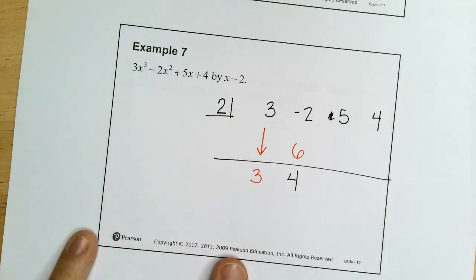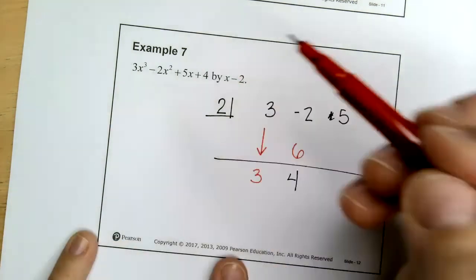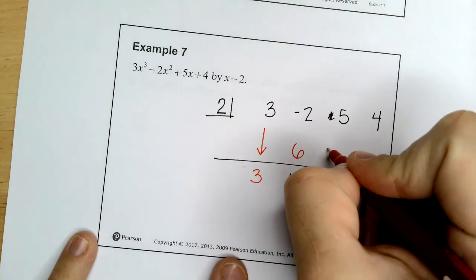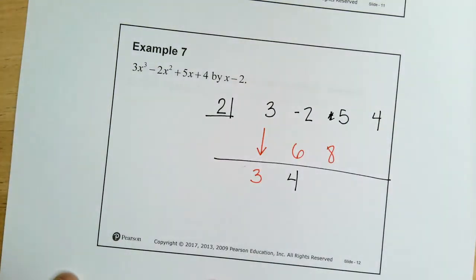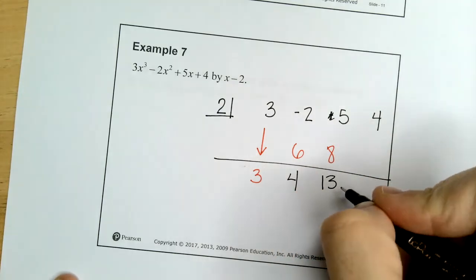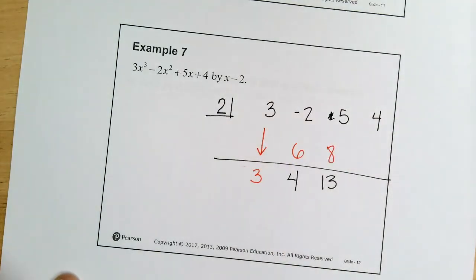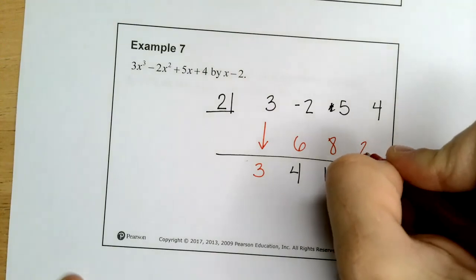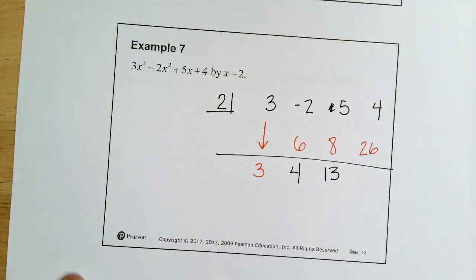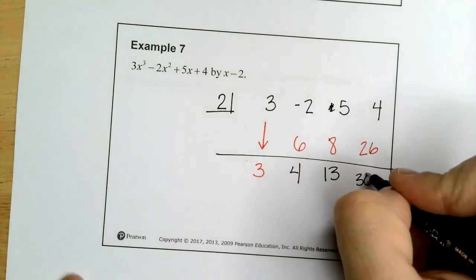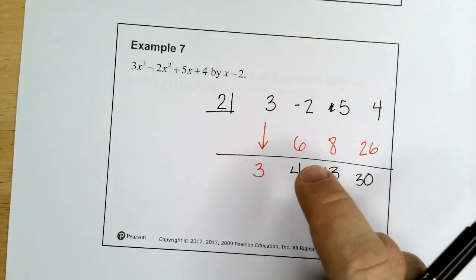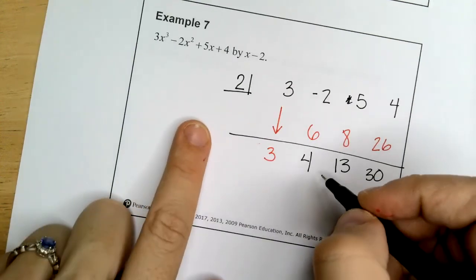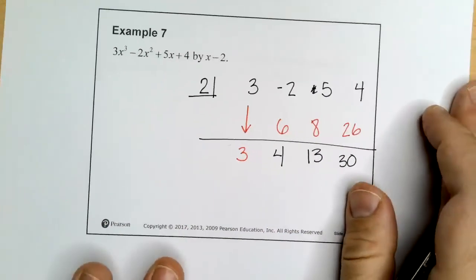Right? Now I'm going to take that 4, multiply it by the divisor box. 4 times 2 is 8. 8 and 5 together make 13. Take that number, multiply it by the divisor box. I have a 26. 26 combined with 4 is a 30. 30 is my remainder. 13 is my constant. 4 is an x, and 3 is an x squared.